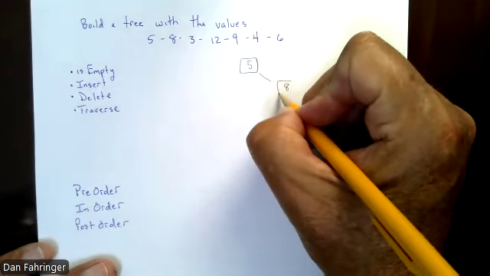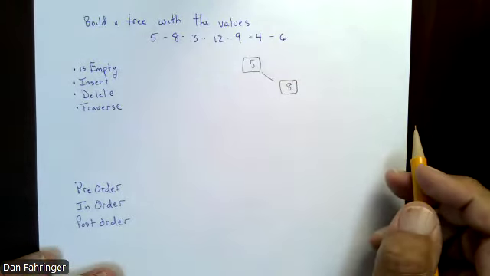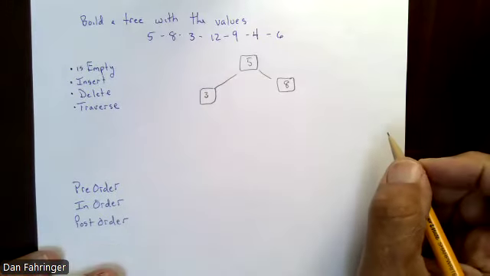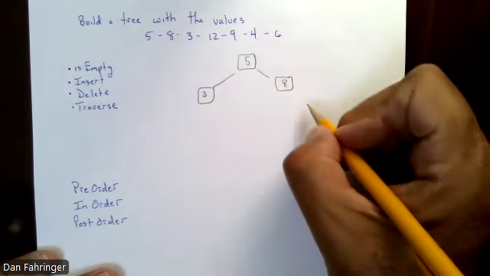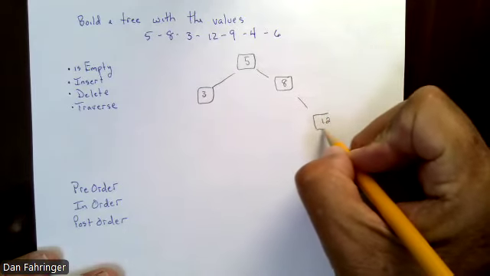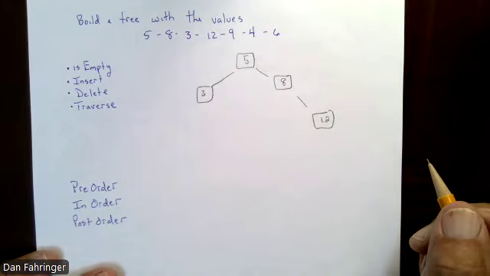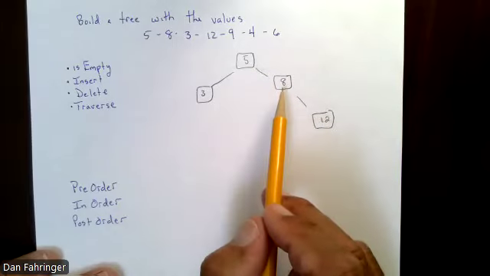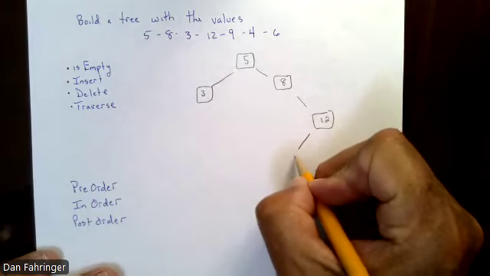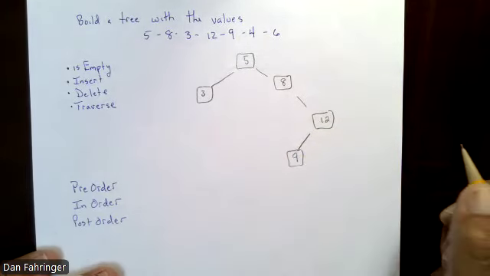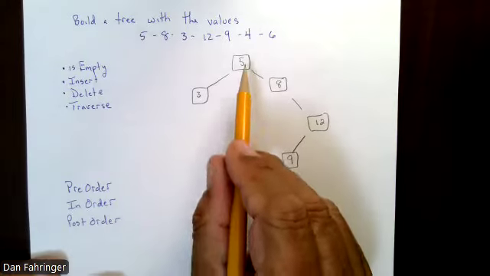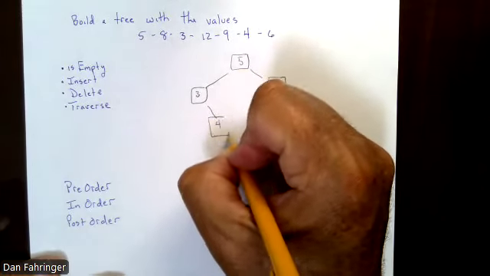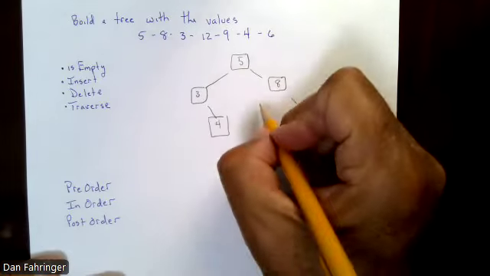So I'm going to go over here with 8. 3 is less than 5, so I'm going to go over here with 3. 12 is greater than 5, greater than 8, so 12 is going out here. 9: greater than 5, greater than 8, less than 12. Then 4, and 6.